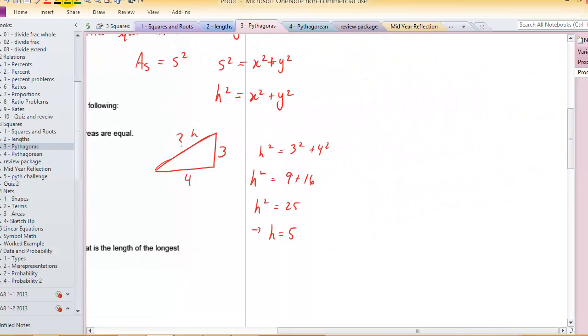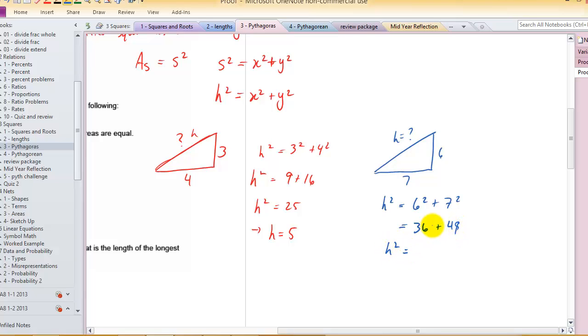Another example would be, just pick anything, 6 and 7. It looks a little bit backwards, right? This one's the longer one, 7 and 6. What's h equal to? H squared is 6 squared plus 7 squared, so it's 36 plus 49.